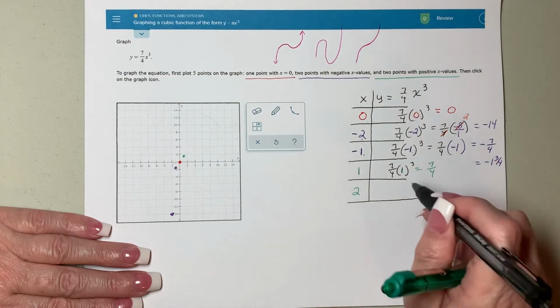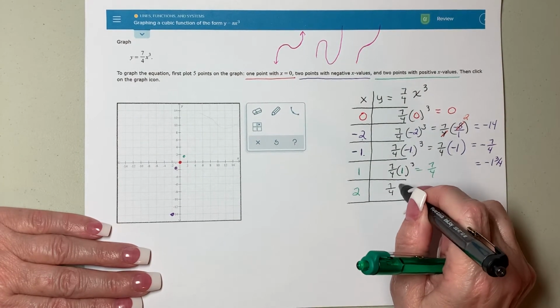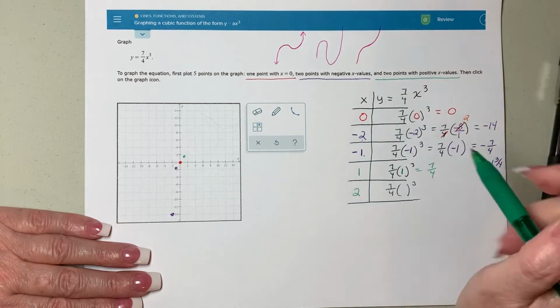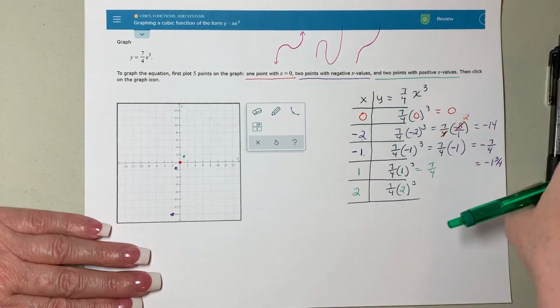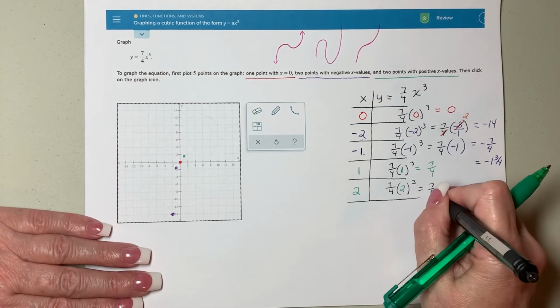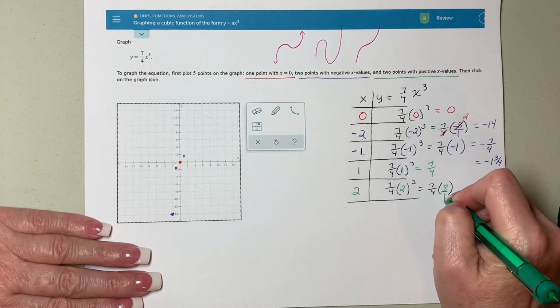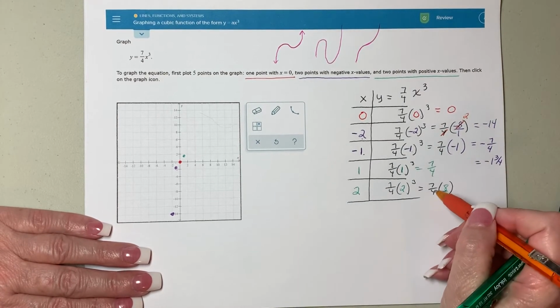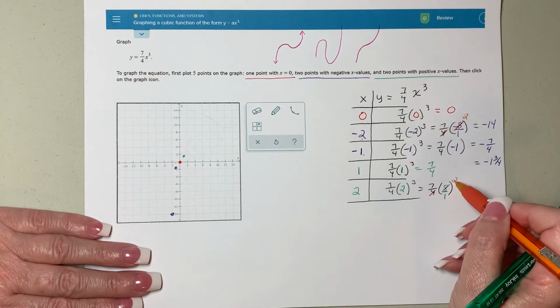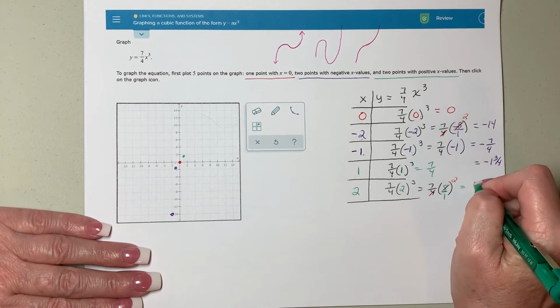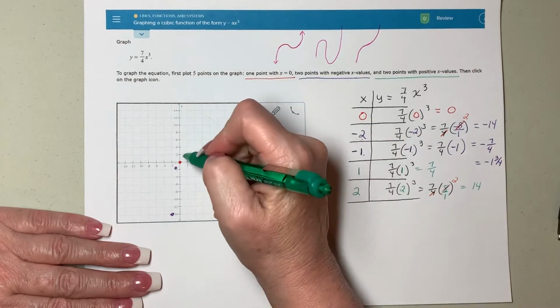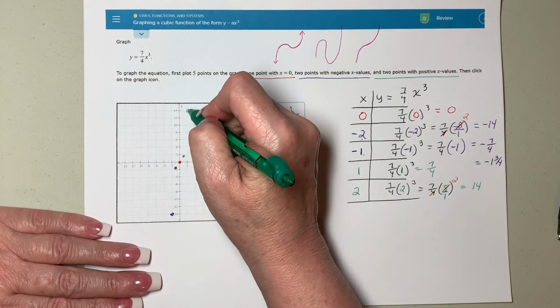And then the last one is 7/4 times 2 cubed. So that's 7/4 times 8, or 8/1. And then of course the 4 cancels into the 8 twice, and I'm left with 14. So go over to 2 and up to 14.